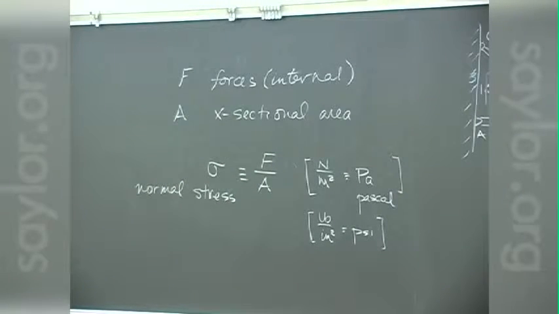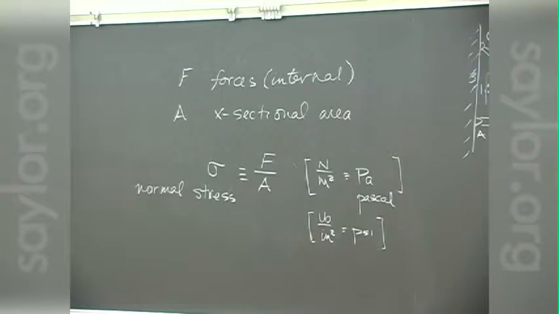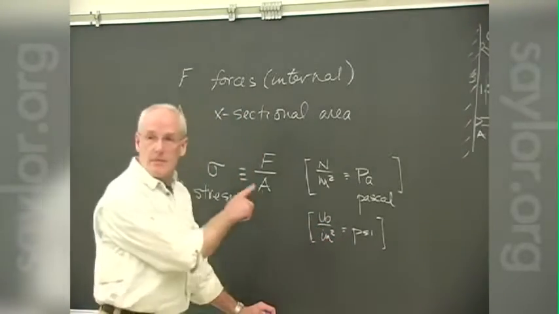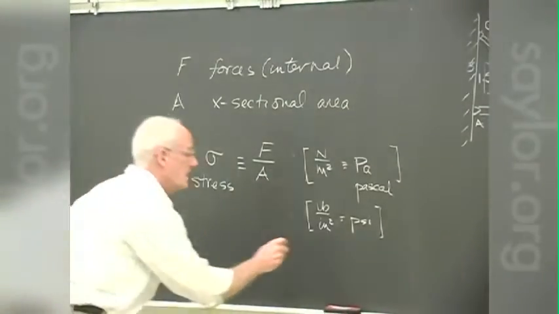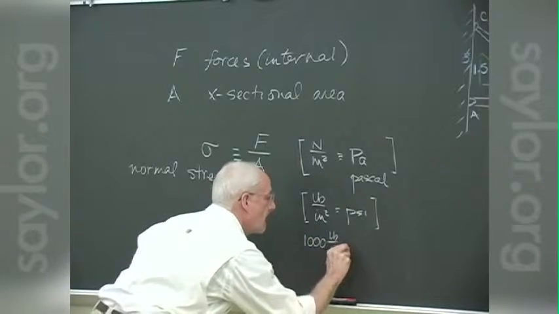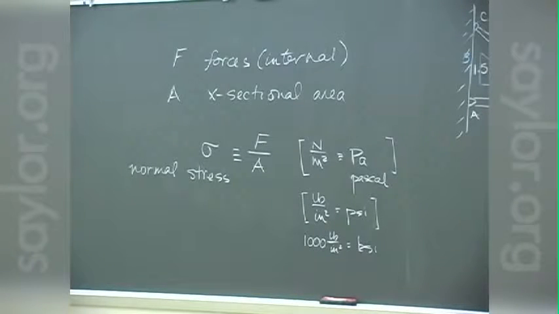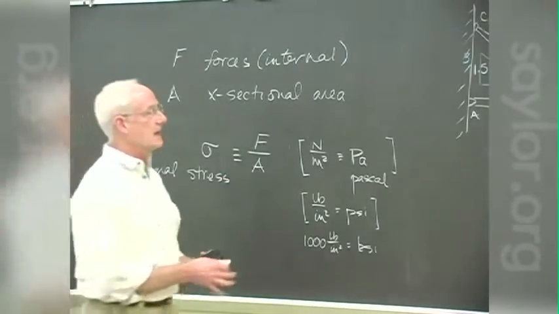Again, since we're talking about rather large forces for the most part in some of these structures, we'll be looking at kilopounds or kip per square inch, also known as a KSI, which is a kip per square inch. A kip is 1,000 pounds, a kilopound. So we're going to have to get used to some slightly different units because these numbers typically can get rather large.